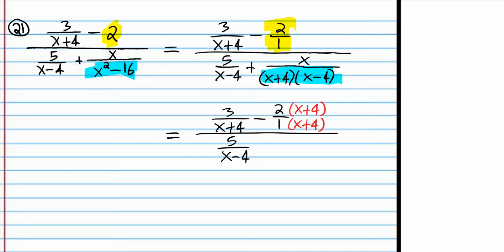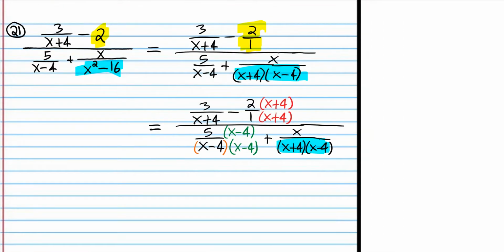And so I'm going to multiply both sides of this fraction, and you must put parentheses, by x minus 4 so we get a common denominator, so we can combine the terms in the denominator. And this other fraction we don't really have to do anything with because it's already got everything that we need in the denominator. That didn't change.